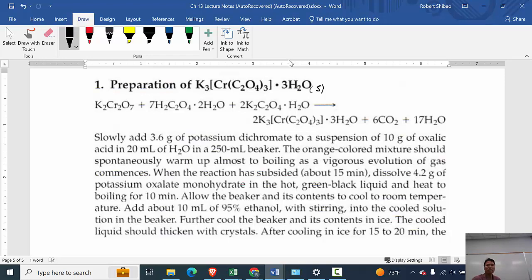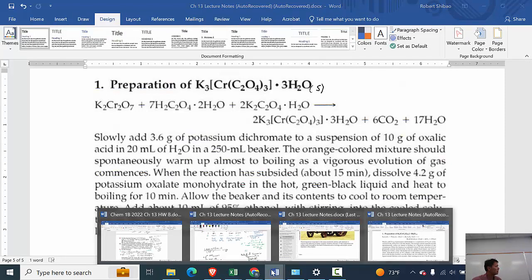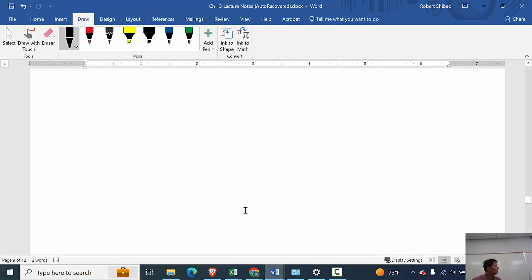Where did we leave off? Okay, let's draw that. Let's continue drawing that. I think I still have that. Let me see if I have that. Or maybe it crashed.